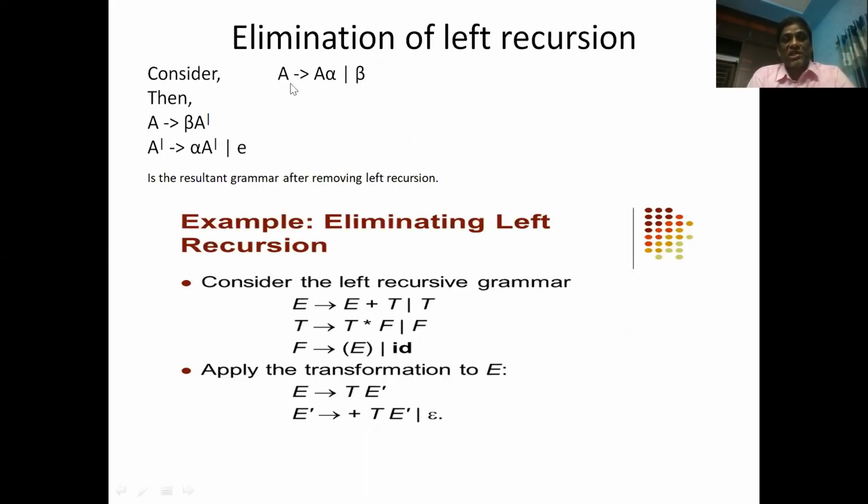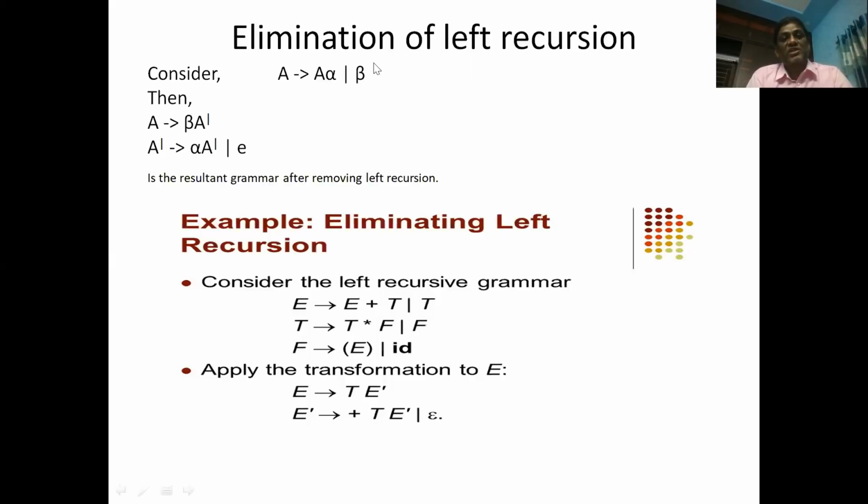Now, let us see. This is the production which contains left recursion. Then to remove left recursion from this grammar, we have to replace this set of productions with these productions. What is it saying? A implies beta A dash. So use this beta followed by A dash. This is a new variable. You can use any name here. I'm just using A dash to represent that. It's a new variable, new replacement for capital A. Okay.